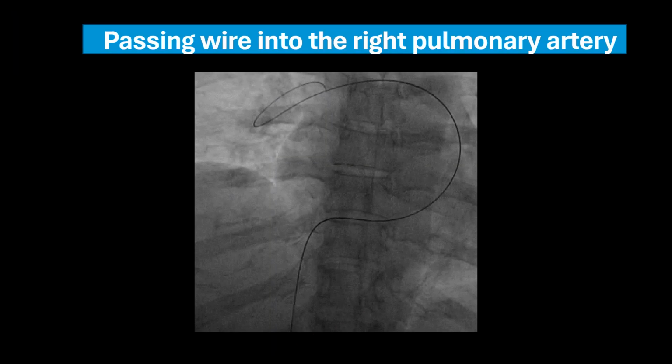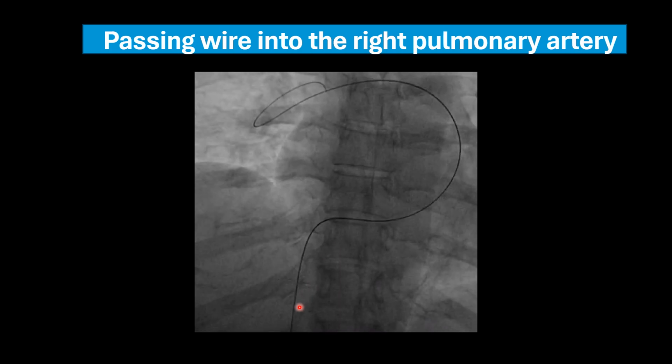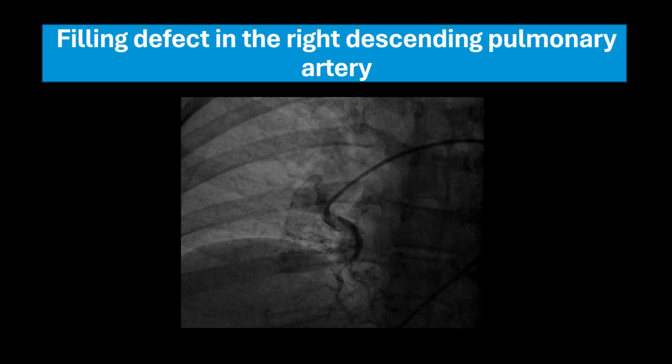This patient had a massive pulmonary embolism in the main pulmonary artery, right and left pulmonary artery. I'm passing a wire into the right pulmonary artery. See, this is the IVC, this is the right ventricle, pulmonary outflow tract, main pulmonary artery, and this is the right pulmonary artery, a curvilinear kind of appearance.